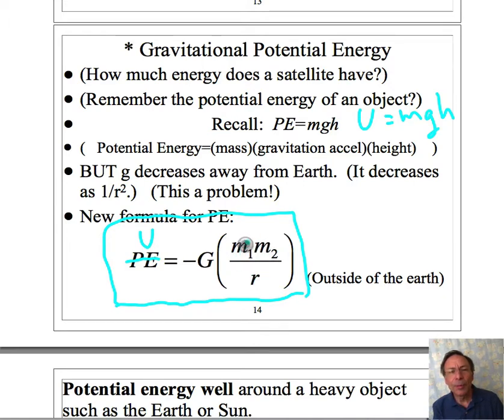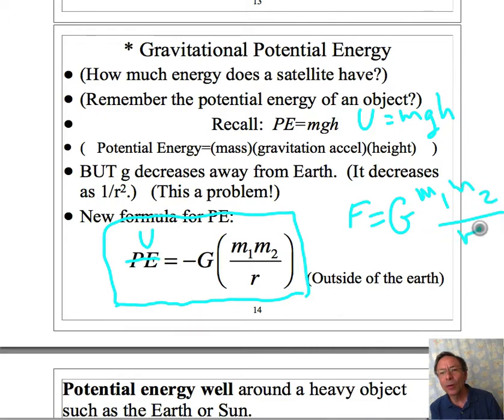Now, remember I said that the universal force formula sometimes is written this way: G m1 m2 over r squared. Well, here's m1 and m2. This formula could have been written like this: little m, big M, and this could be the mass of the Earth, and this could be the mass of the moon. But anyway, here it's m1, m2.